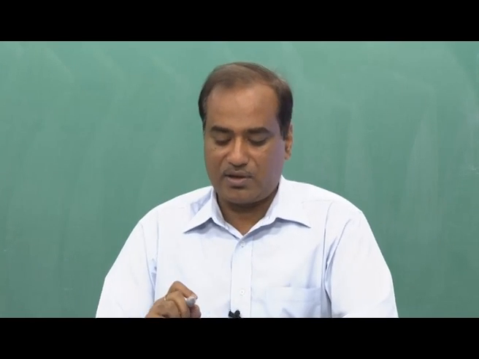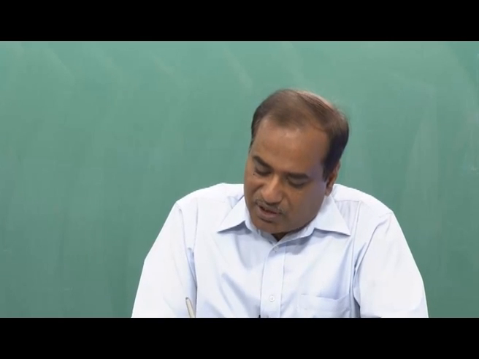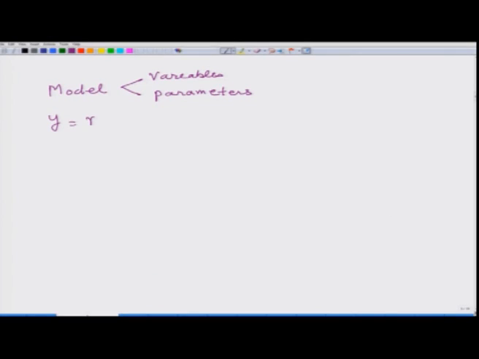You all have learnt this equation possibly in class 12 or class 10, something like this: y = mx + c. What is this? This is an equation of a line, right? Now, there are four components here: x, y, m and c. Let me try to group them into two groups: x, y, and m and c, right.